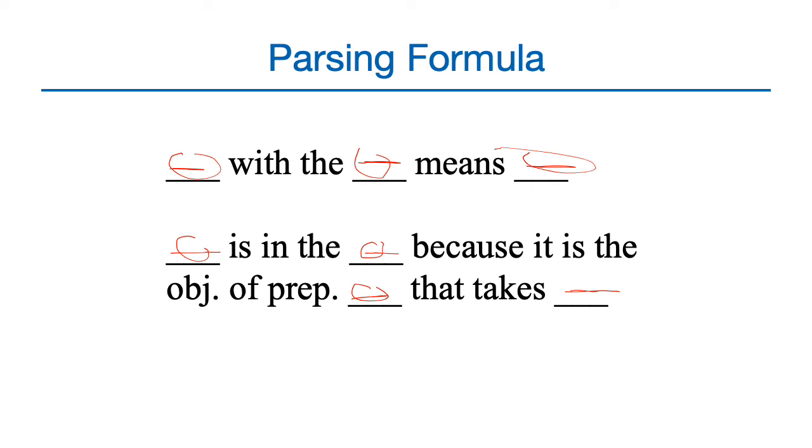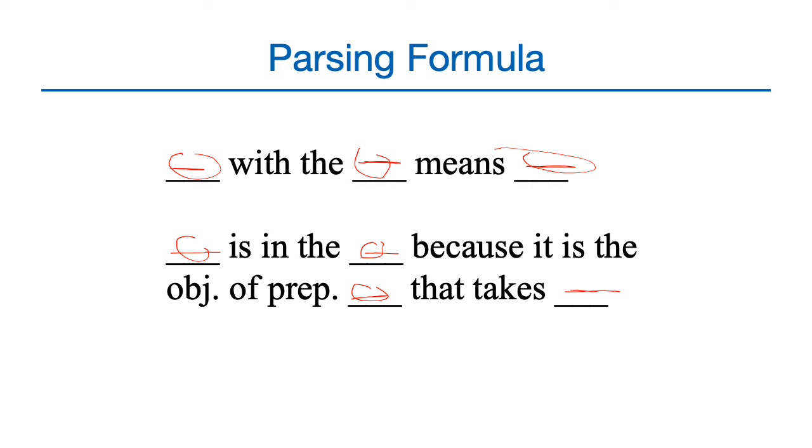Now, there's another way to ask the question. We can ask you, why is theou in the genitive form? You will say theou is in the genitive form because it is the object of the preposition apo. That is in your book.